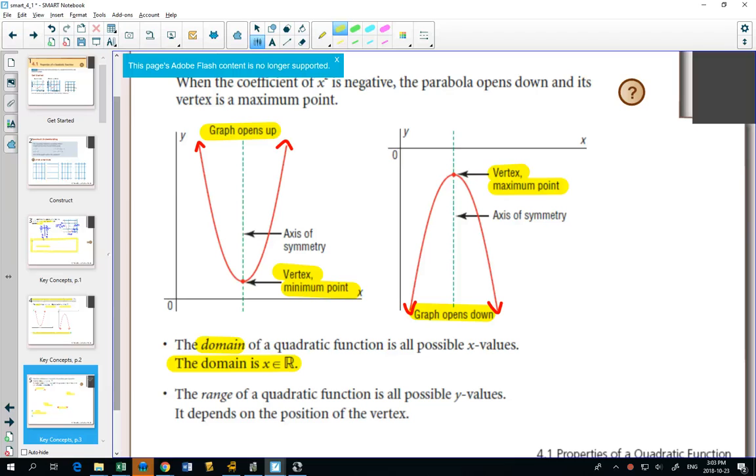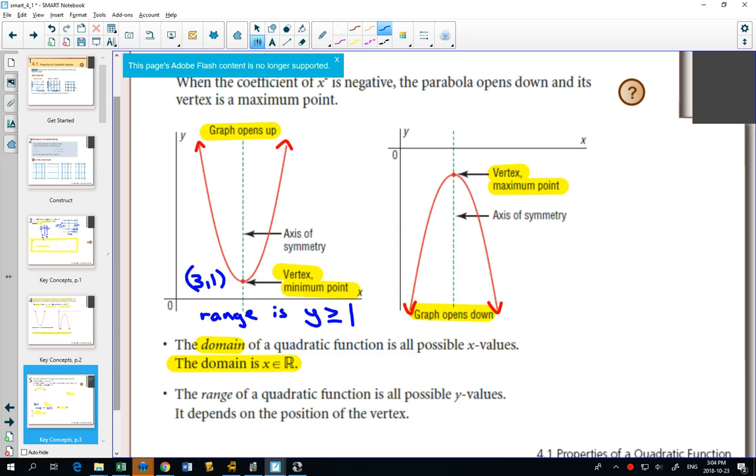So for example, if this vertex right here, if I make up a number and say it looks like it's at 3, 1, and it goes up forever, then I would say the range is y is bigger than or equal to 1, because 1 is the smallest value and it goes up forever.